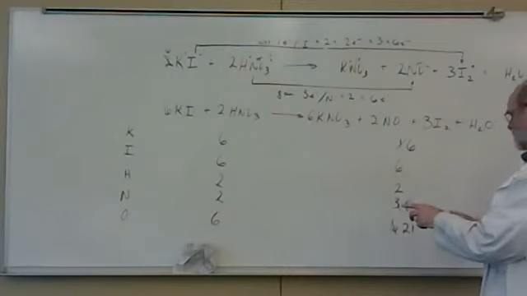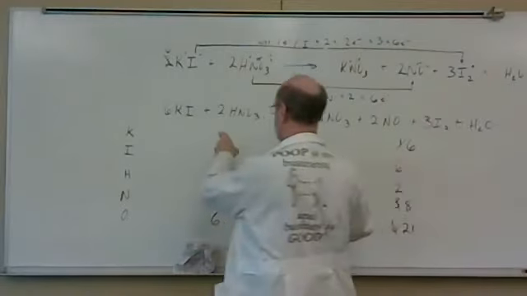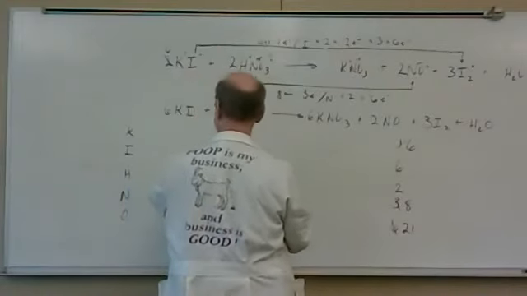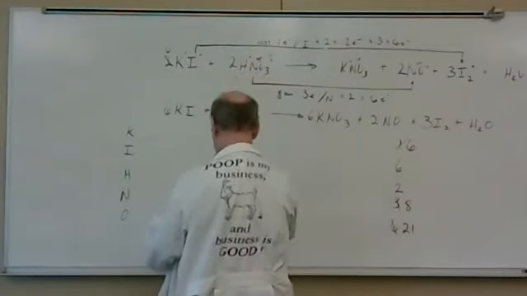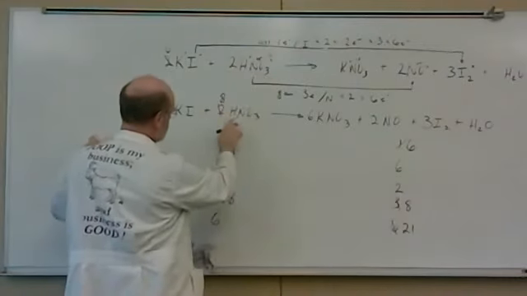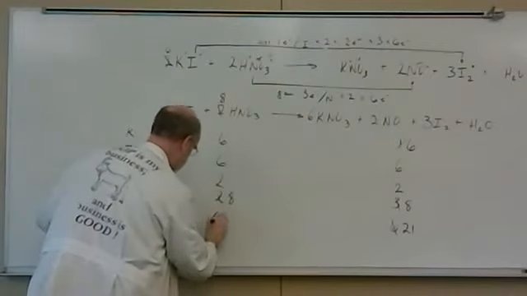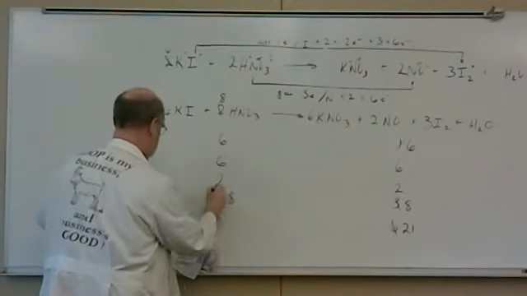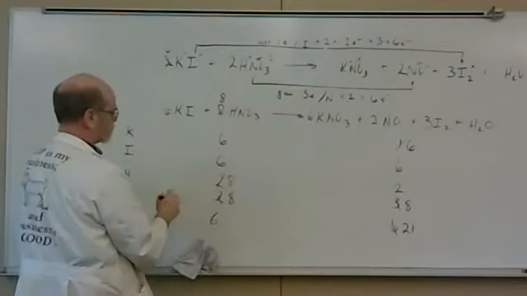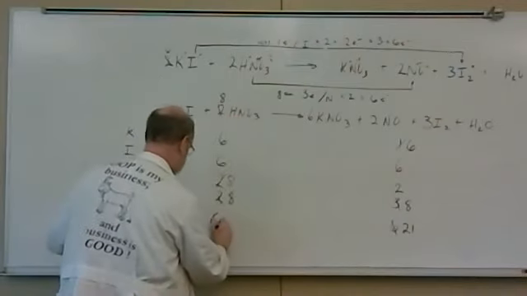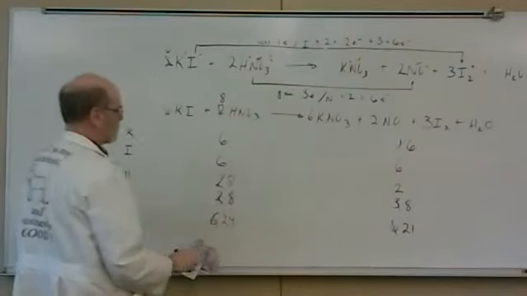Hydrogens, nitrogens. We need 8 nitrogens on this side. Right. So that gives us 8 nitrogens. That gives us 8 hydrogens as well. Oops, wrong one. And it gives us 24 oxygens. Right?